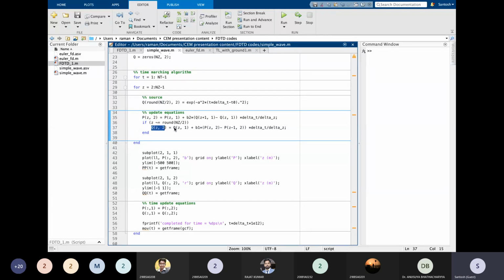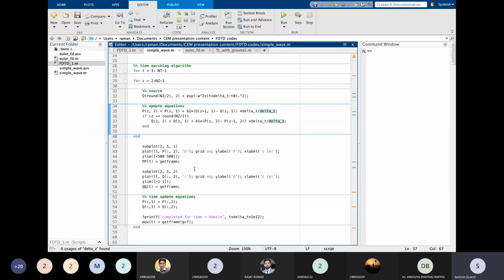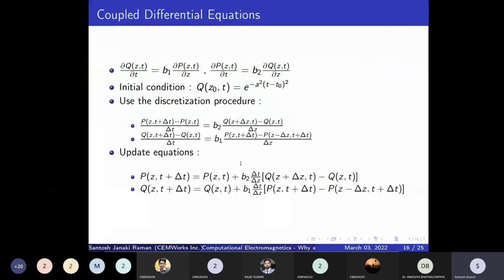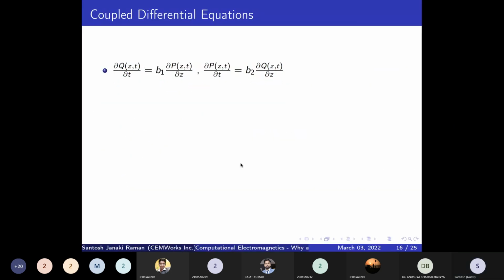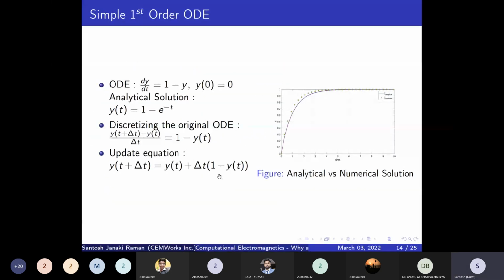You find qz comma 2 by using the previous values, which you already know from the previous equations, and like this. So for all the z you do, then for all the times you do. This is how you update the equations for a coupled equation. It's very straightforward. If you understood the earlier equation, this is very similar.